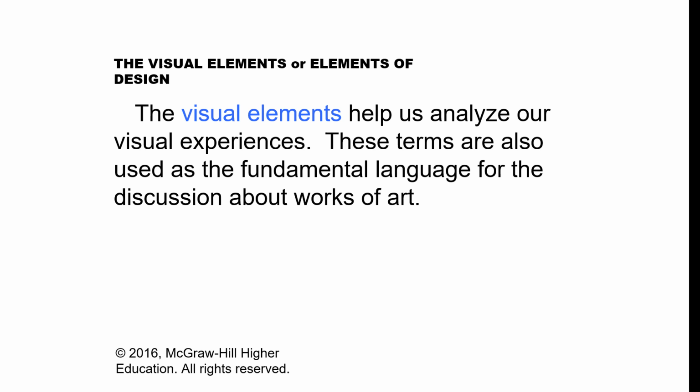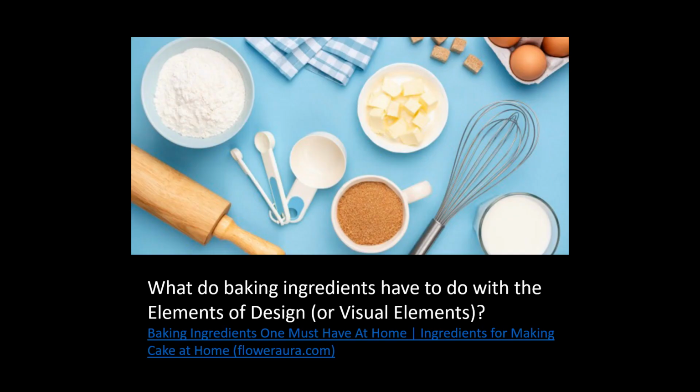Using the visual elements helps us to analyze our experiences with works of art. These terms are also used as a kind of fundamental language for any kind of discussion about a work of art. So what does what I have on the screen here have to do with elements of design? Well, think of baking ingredients as raw materials.